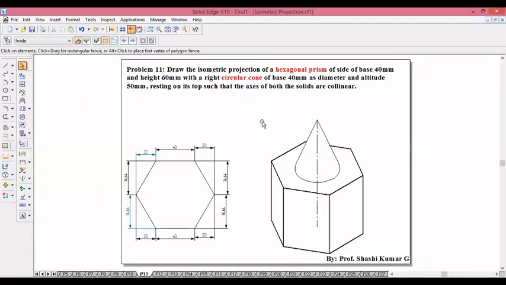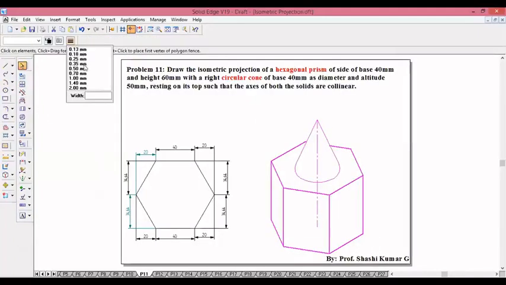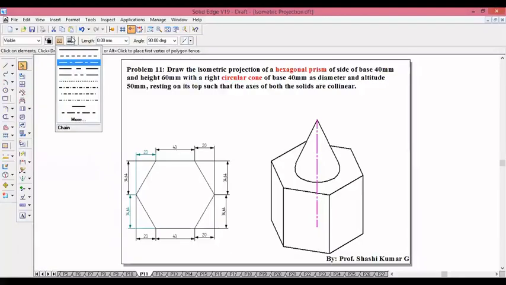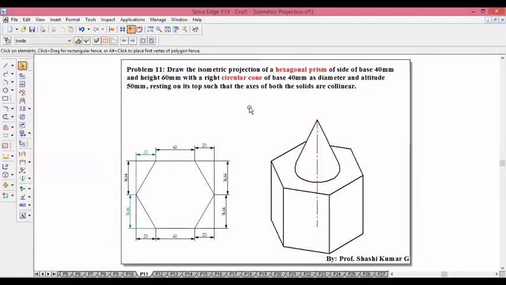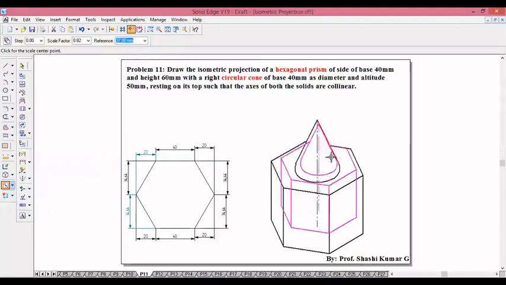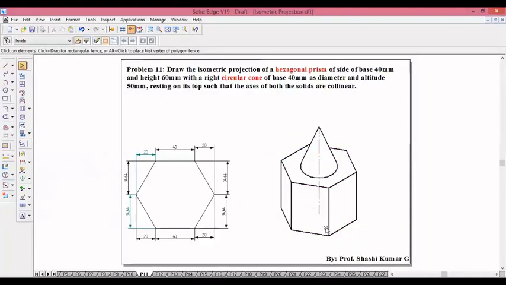So this is the isometric view of the combination, and make sure it is very thick except the axis line. Select the entire thing and give the scale command, scale 0.8164, and place it. So this completes problem number 11.